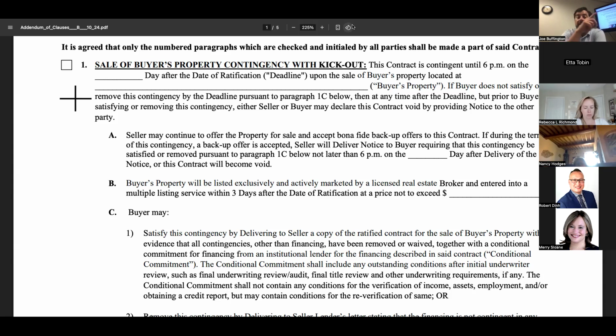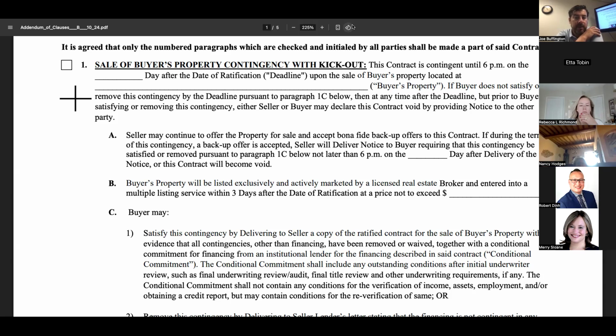So let me go back. Shira had asked about changing the status, and Etta, you had asked about status too. Bright requires you to change the status within 2 days. You can slow roll it and wait the 2 days, within your right in Bright, to change the status to under contract.